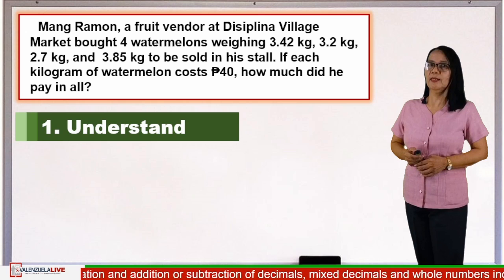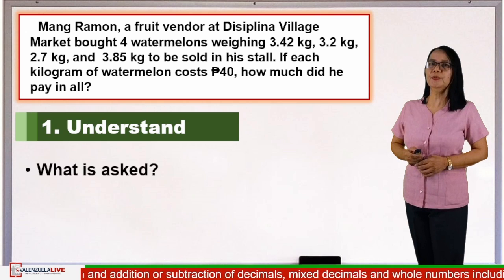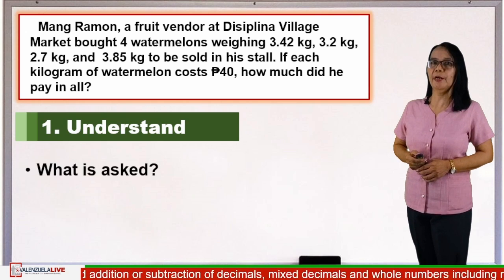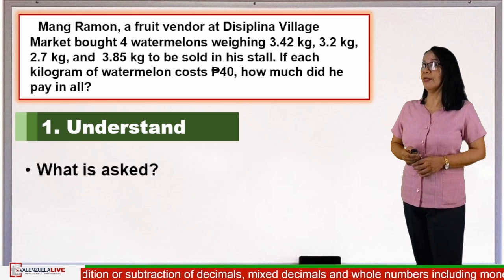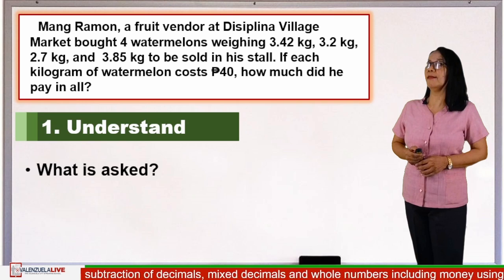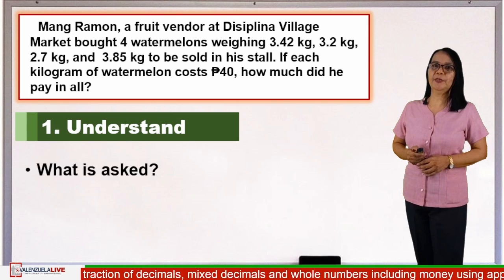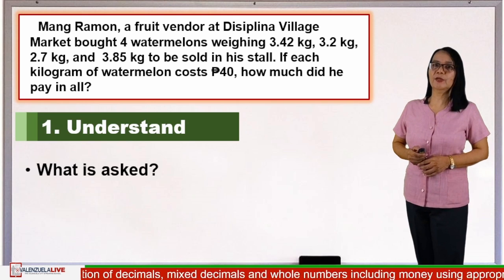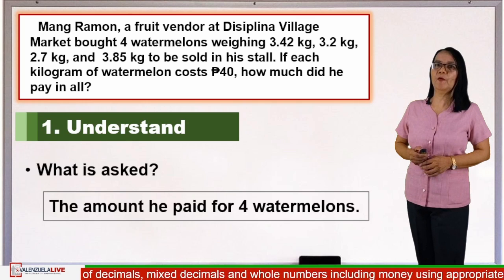It is usually at the end of the problem, with a question mark. Can you identify what is being asked in this problem? Yes, very good. It is the total amount he paid for 4 watermelons.